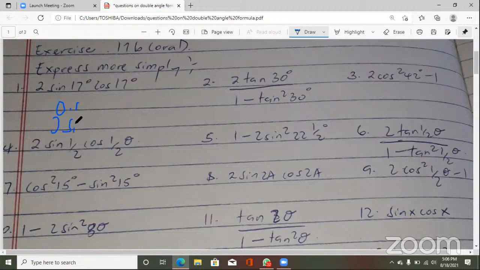Now if we have 2 sine 17 cos 17, what will it be when you express it in a term which is similar to sine 2x, so that it is a single term? Let me share first.